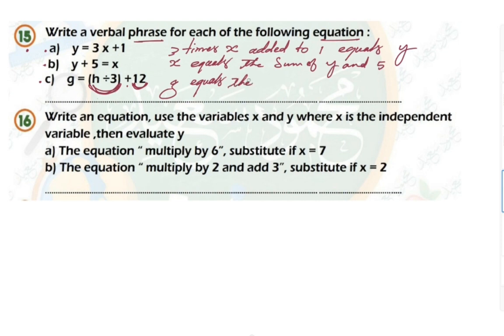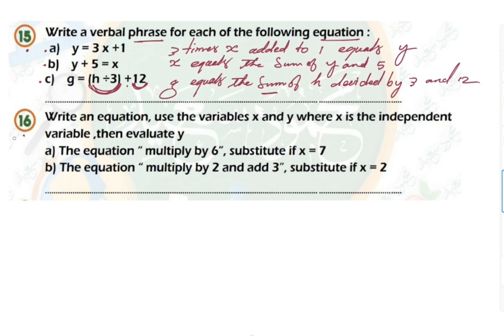So it equals the sum of h divided by 3, that's the first part of the sum, and 12. So I will sum 12 and h divided by 3 in parentheses. This sum equals G.